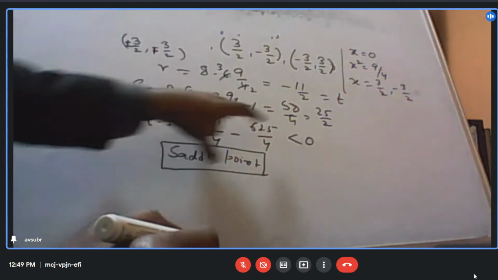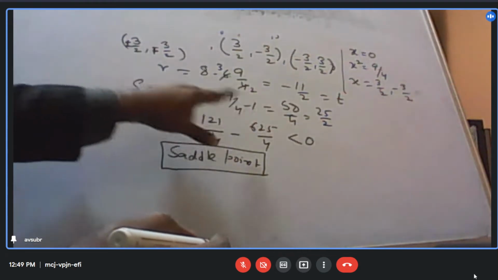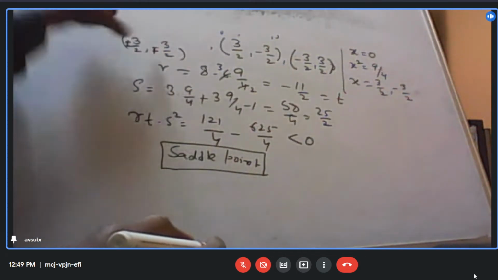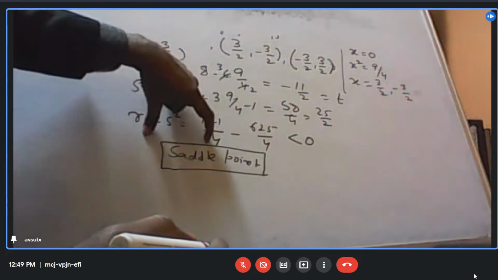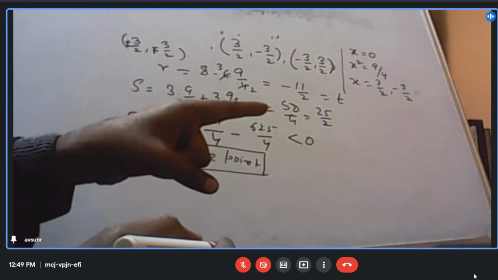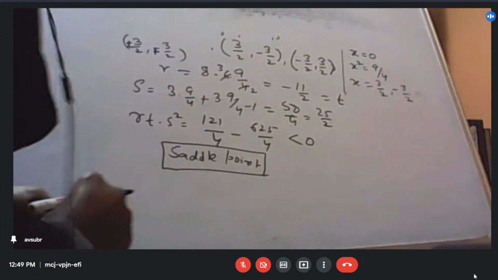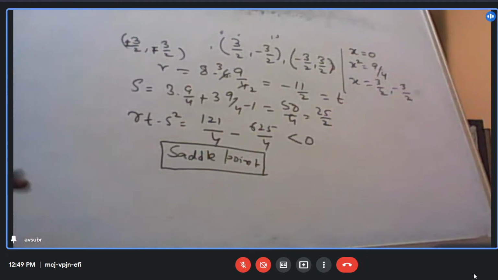So then also we will get the same thing, isn't it? We will arrive at the same conclusion. So at these points it is a saddle point, and at 0 0, the functional value is minimum. That is what we found out.